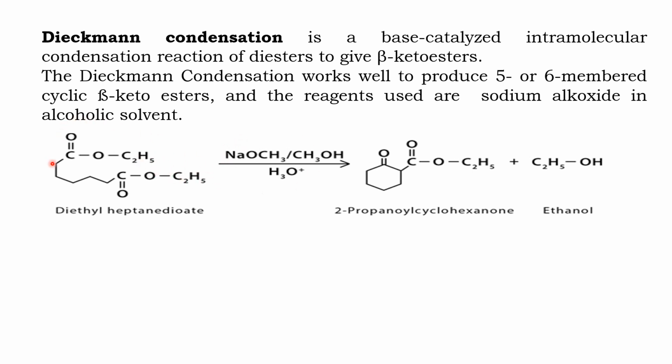So a cyclic compound is formed. The resulting product is a beta keto ester. That means one of the ester groups is maintained while another ester group is converted to a cyclic ketone. This reaction is called Dieckmann condensation reaction.